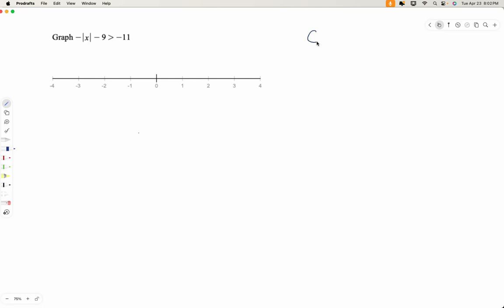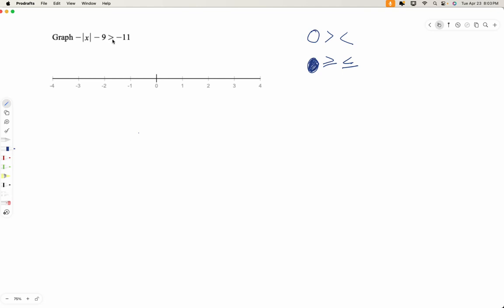When the circle is open, it means the number is not included. That means that it's either greater than or less than. If the circle is filled in, if it's a dot, that means it's either greater than or equal to or less than or equal to. The signs have meaning. The details matter. You've got to pay attention to the sign.